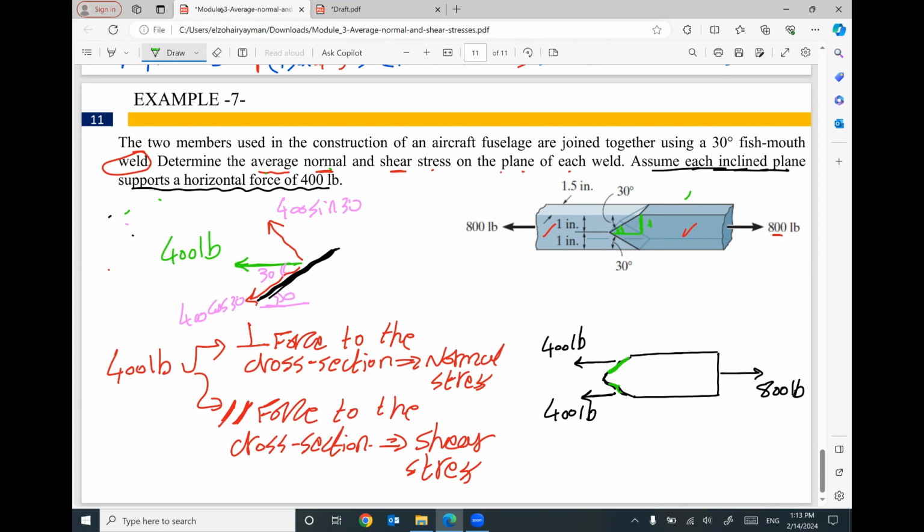So this one is 30. So I can figure out the inclined distance by saying sine 30 equals the opposite dimension, 1 inch, divided by this length. So I can find out the length of this inclined plane. It will be, I think, 2. Yes, 2 inch.